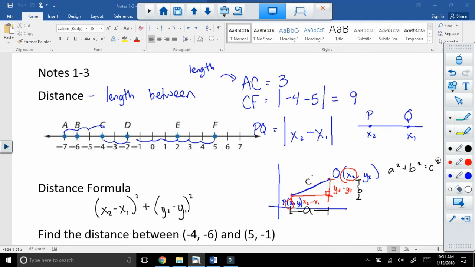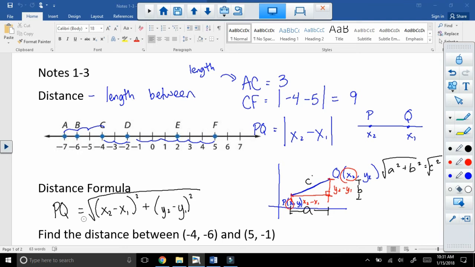And in the distance formula, it doesn't say C squared. What it does is it takes the square root of that. So it says that the square root of that is going to equal the length of that hypotenuse, or in this case, the length of PQ.